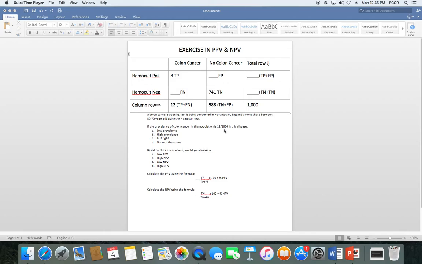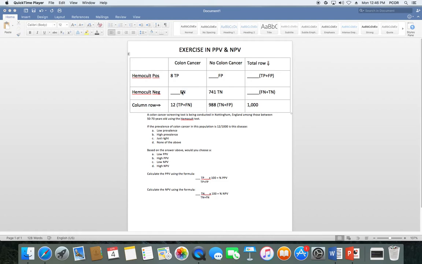So if the prevalence is 12 for every 1,000 people, and I've given you here those that turn positive using the instrument, the test called Hemoccult, and they truly have colon cancer, according to, let's say, a prevalence of 12 for every 1,000 people in the population.